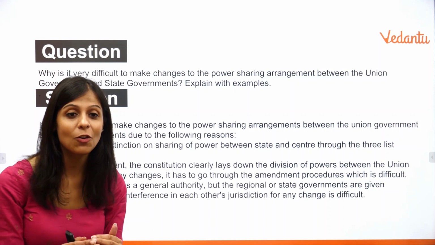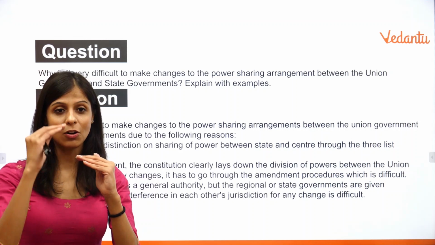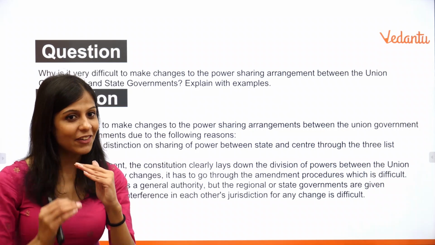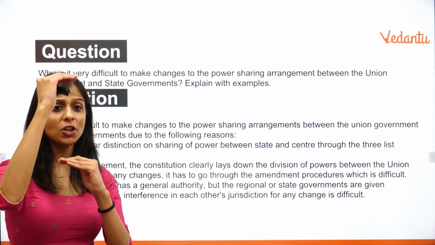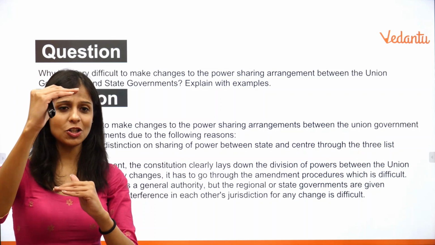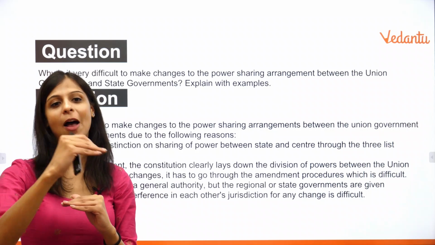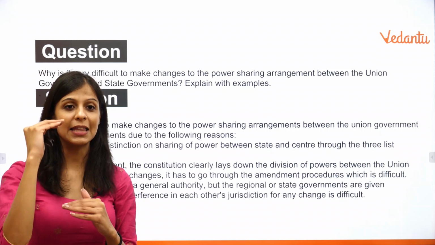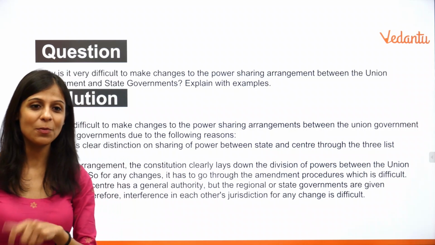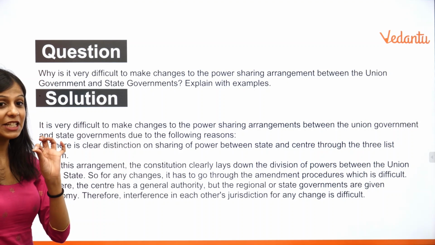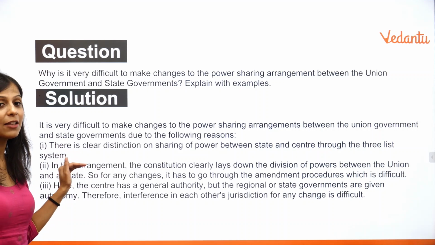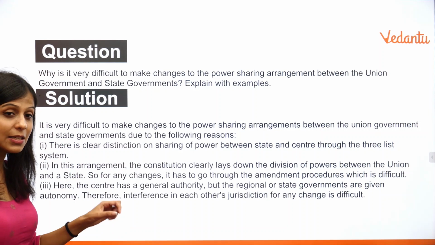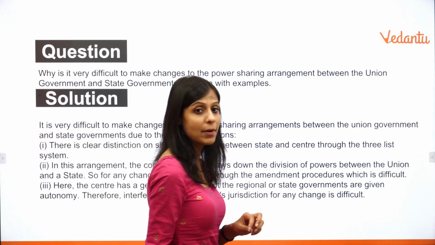Still, make a note that the residuary topics, whatever is left, automatically go onto the shoulders of the elder brother of the family. In this case, it's none other than the central government. I hope that point is clear, and please try to mention your points in the form of either bullet points, or you could number them.